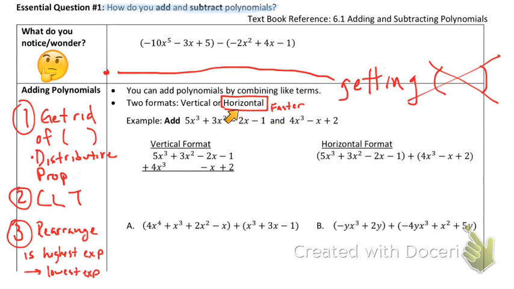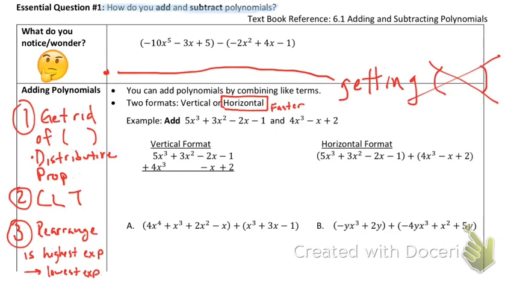I know some students prefer the vertical format, which is okay. It takes a lot more space. It's a little more organized. You can see what's going on. But like I said, I prefer the horizontal. And if you're comfortable with it, that's the one I would shoot for.